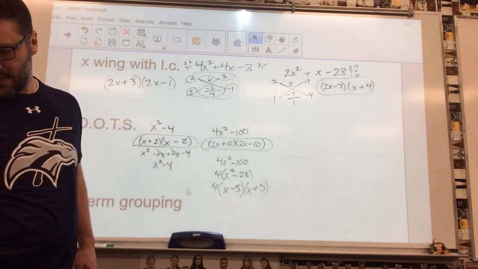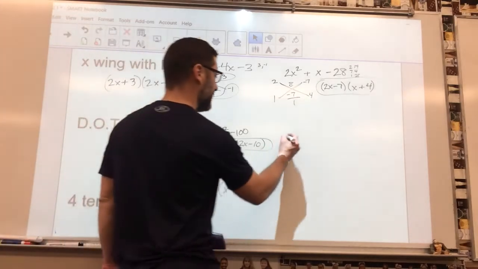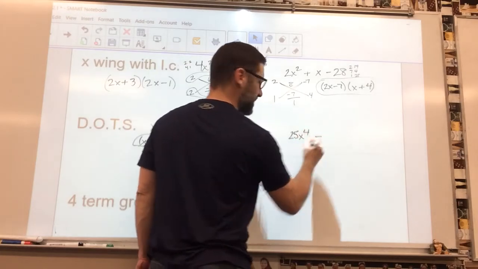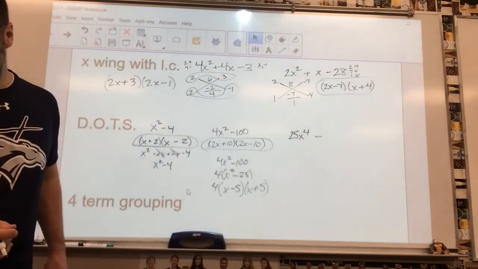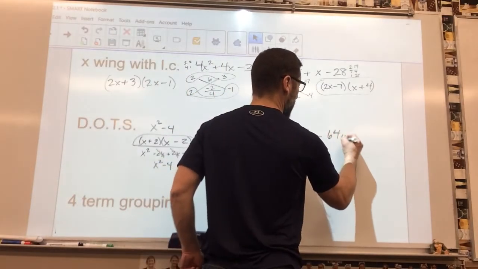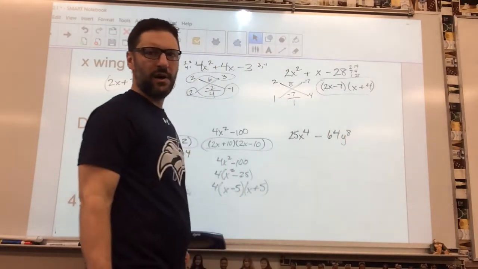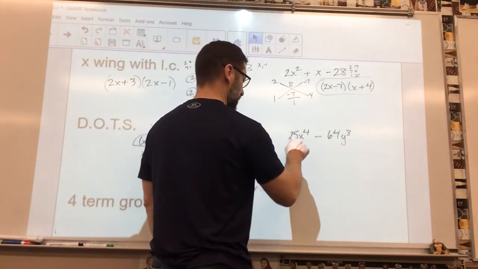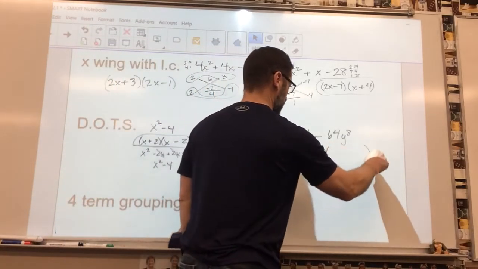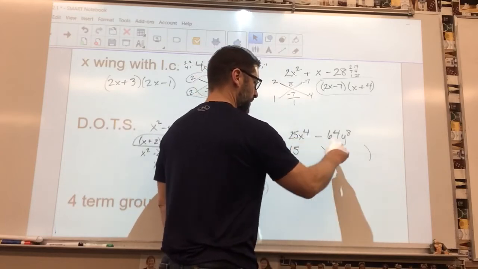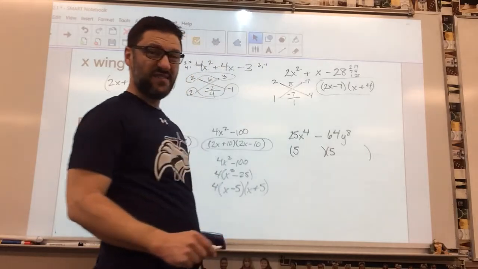Okay, you guys try a really hard one. 25x to the 4th minus, it's got to be a minus sign for difference of squares, 64y to the 8th. Press pause, see if you can do that one. Okay, here we go. The square root of 25 is 5.